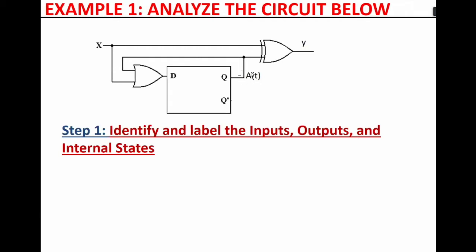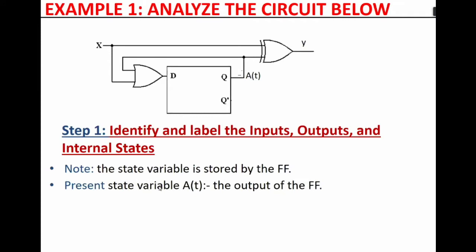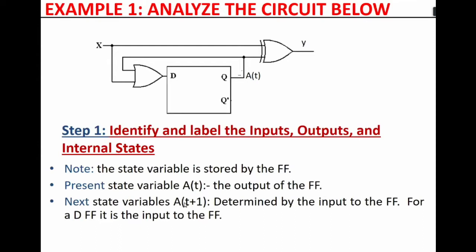We've named it A(t). At the current time it is the present state. So the state variable is stored by the flip-flop. It's the one that brings memory. So that is one state variable. The present state variable is A(t), at the output of the flip-flop. The next one is in the next clock cycle. The next state variable is A(t+1).